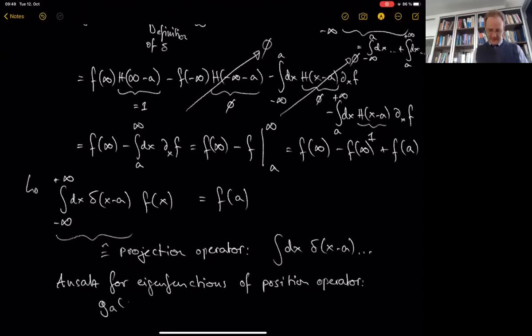That GA of x is nothing else than the delta function x minus a. So let's test this, right?